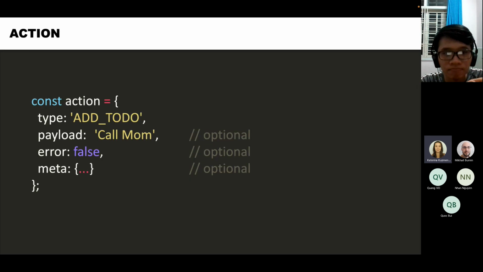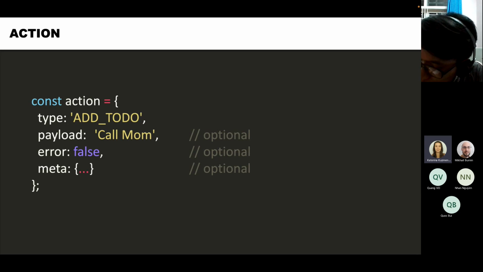Yes. So about actions. Actions are plain JavaScript objects that have a type field. As mentioned earlier, we can think of an action as an event that describes something that happened in the application.